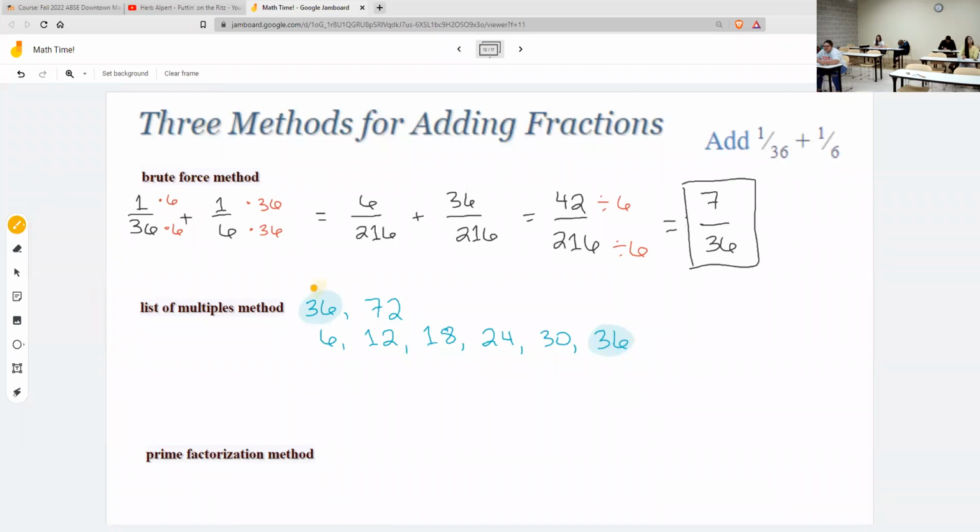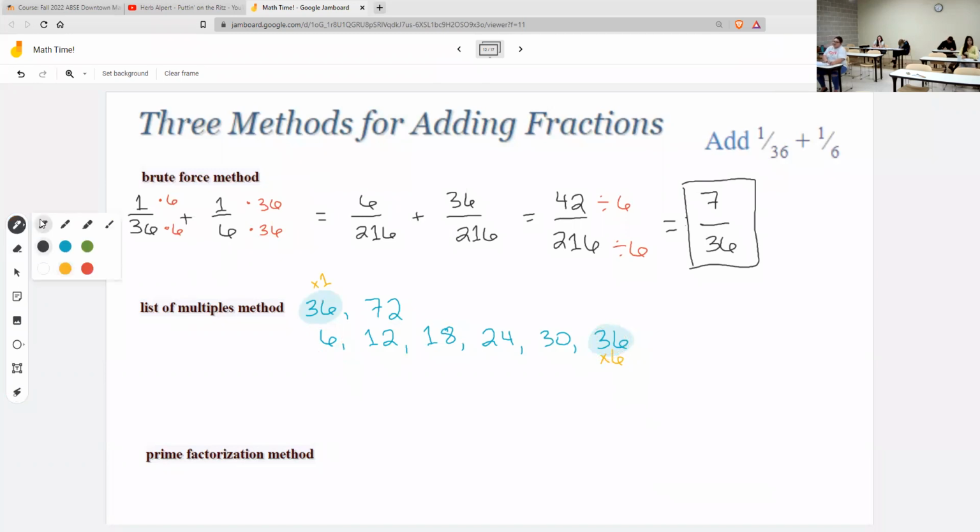This was times 1 for the 36 list. This was times 1, times 2, times 3, times 4, times 5, times 6 on the 6 list. Right? 6 times 6 was 36. I can count on my list of multiples to see what I needed to multiply by to get my starting number to the number that I said, yes, that's the one I want.